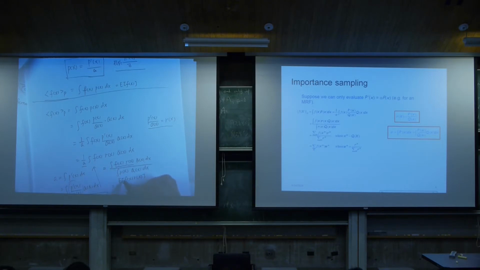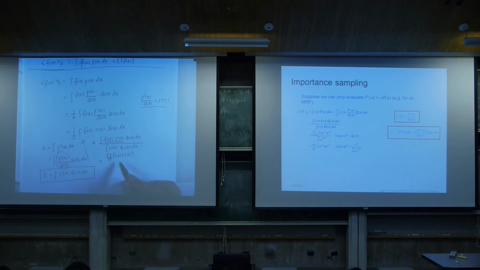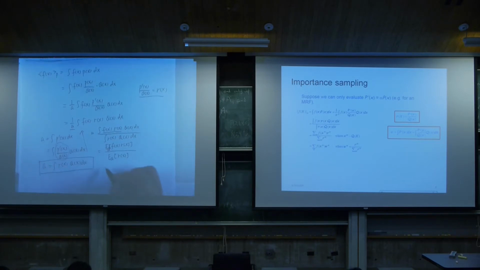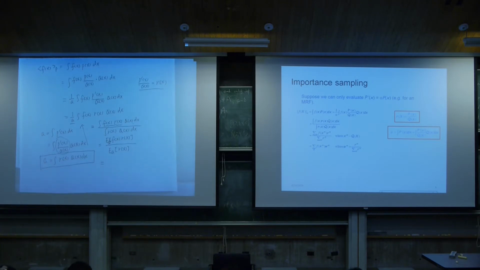We put a subscript q here, which means that the expectation is computed with respect to the distribution q. And similarly, here it is the expectation under q of r(x). And we know how to draw many samples from q.